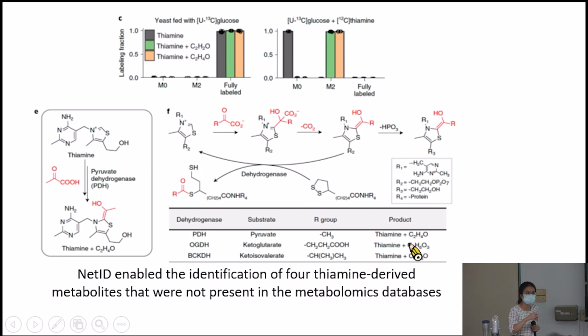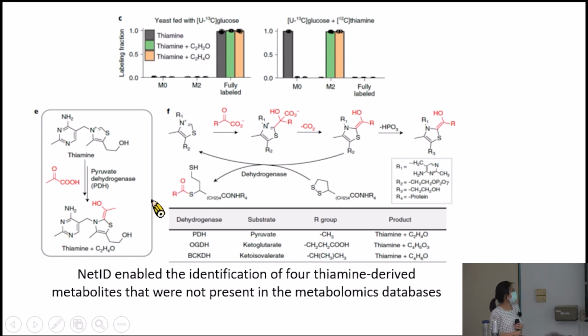So it really happens, not just from the computational annotation. And other enzymes can also act on this substrate to become thiamine derivatives. So they also think that NetID can help us identify derivatives which might not show up in your previous metabolomics data set. Which means that they can get a broader implication in this field in the future.